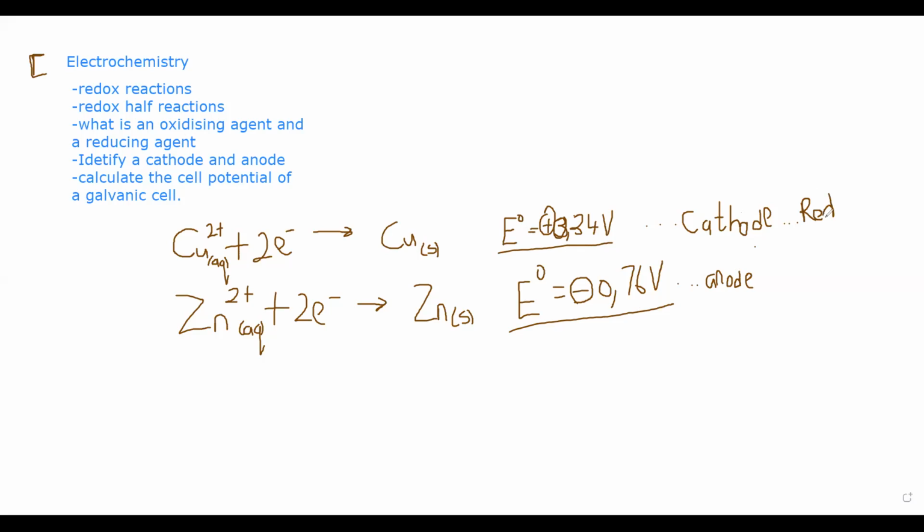So copper is gonna be reduced. And in our anode, that's where oxidation occurs. So zinc is gonna be oxidized.